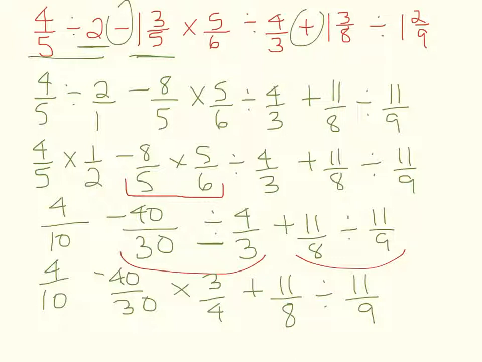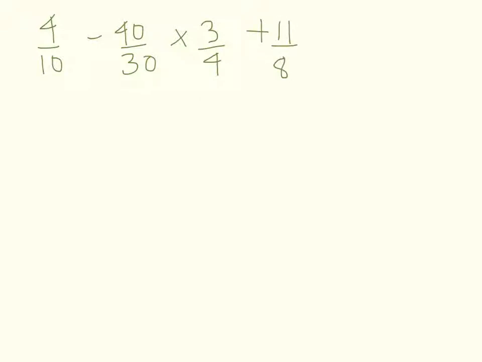So I've run out of room, so I'm going to move to a new slide, rearrange it, and re-put the question there. Okay, so we had that 4/10 subtract 40/30 multiplied by that 3/4 plus 11/8 divided by 11/9.